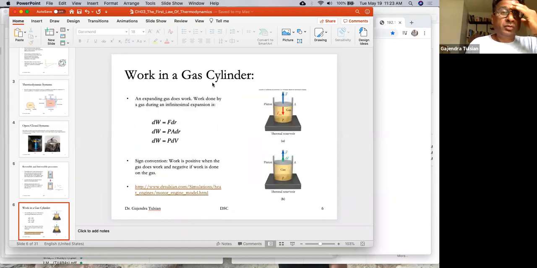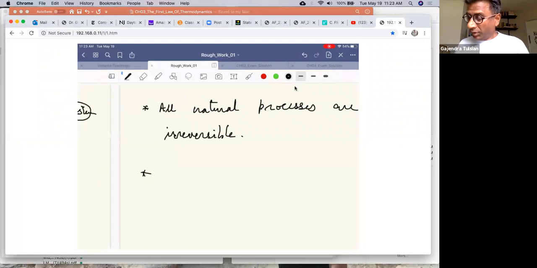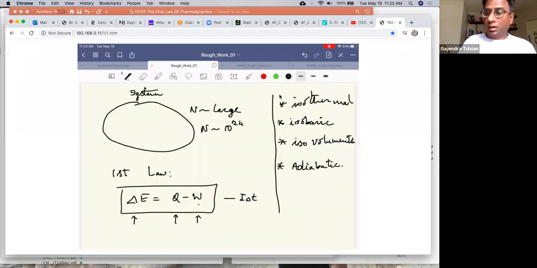All right, now we'll switch, we'll talk about the work done by a gas, okay? So again, remember this chapter is about the first law of thermodynamics, and the first law states that the change in internal energy of a system is the heat added to the system minus the work done by the system.